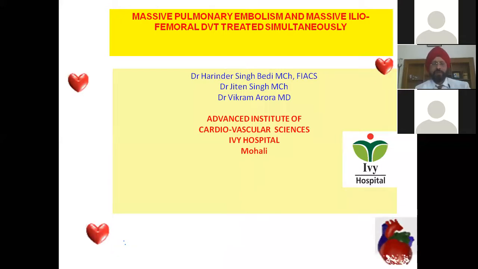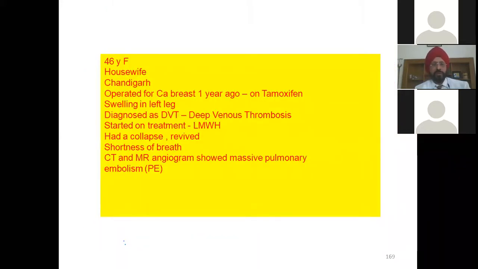Now, this is one very unique case which we have done in the hospital I'm working in now. This was a massive pulmonary embolism. Pulmonary embolism originates in a leg vein, but quite often we don't find it. So this patient had both a massive pulmonary embolism and a massive iliofemoral clot. A young, middle-aged lady who had a risk factor: she was on tamoxifen.